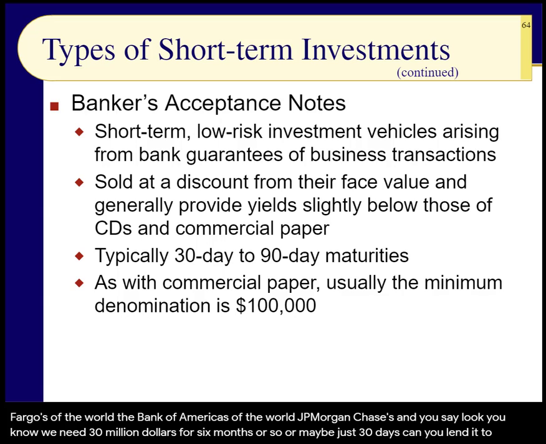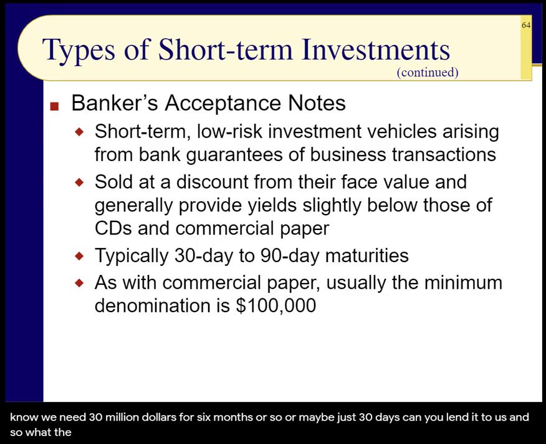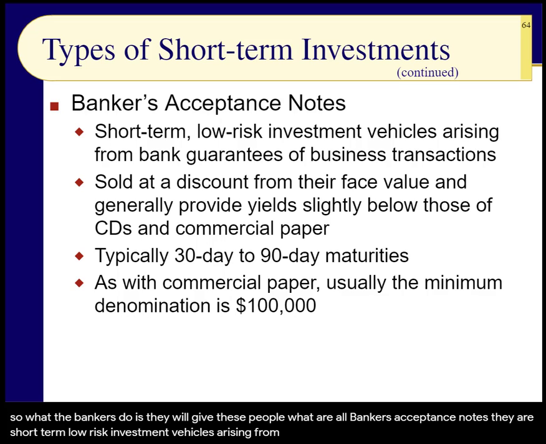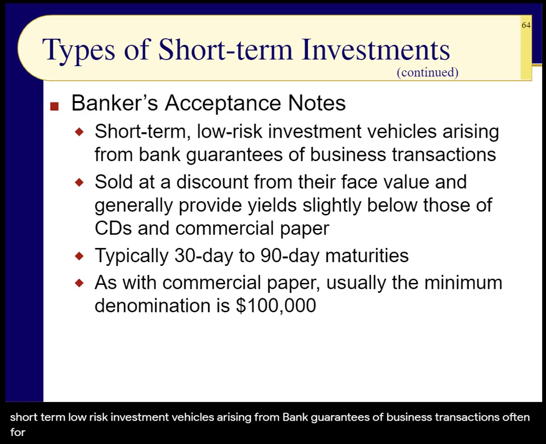Can you lend it to us? And so what the bankers do is they will give these people what are called bankers' acceptance notes. They are short-term, low-risk investment vehicles arising from bank guarantees of business transactions, often for international transactions. And they're sold at a discount.